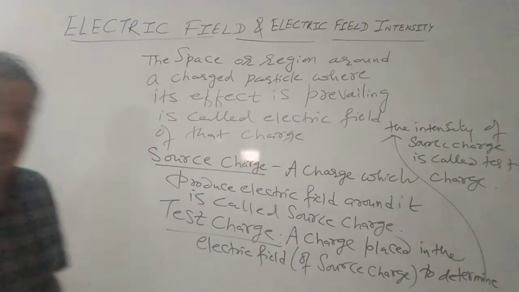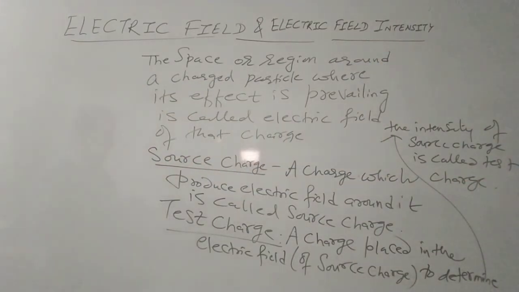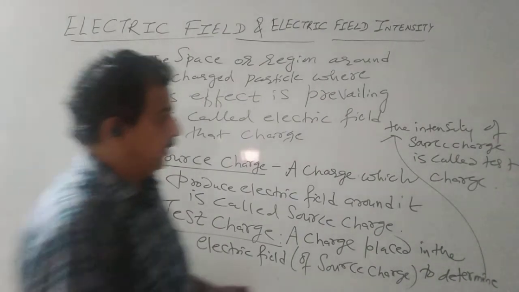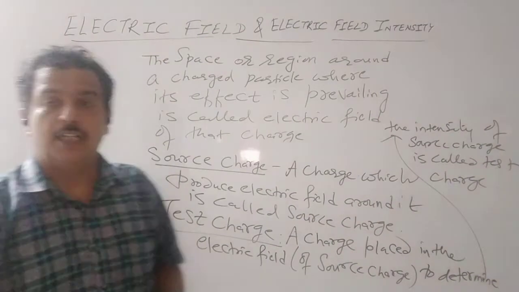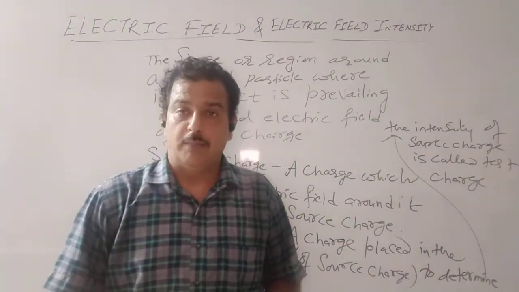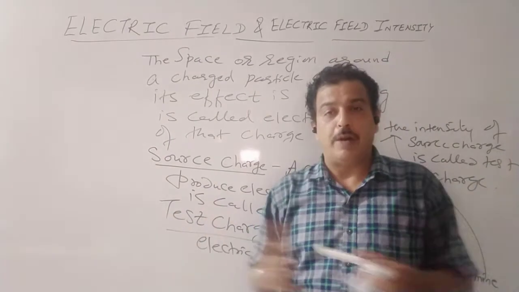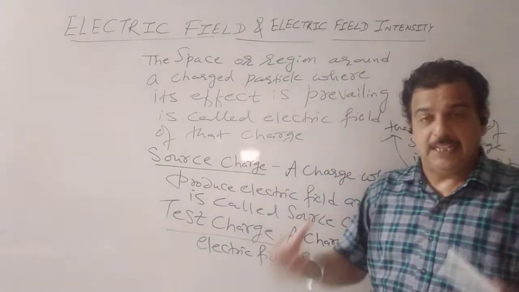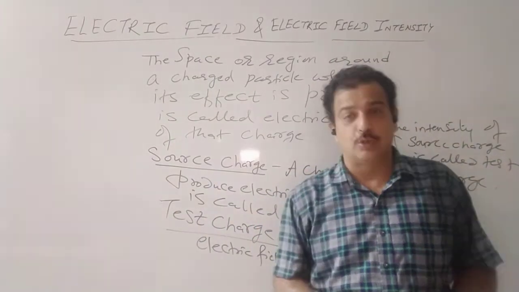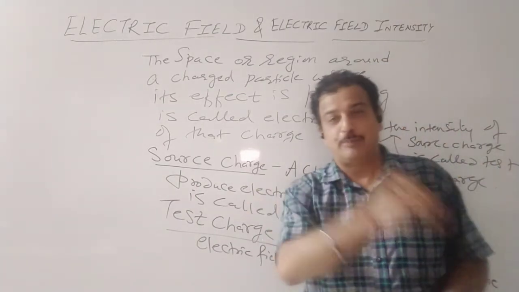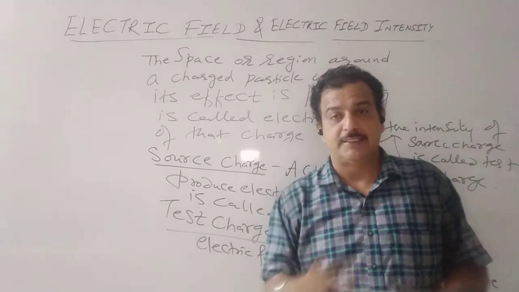A charge which is placed in the electric field of source charge, and why you are keeping it? To determine the intensity of the source charge, to determine the strength of the source charge, to determine how powerful the source is if there are multiple sources, or what effect the source will produce on our test charge.